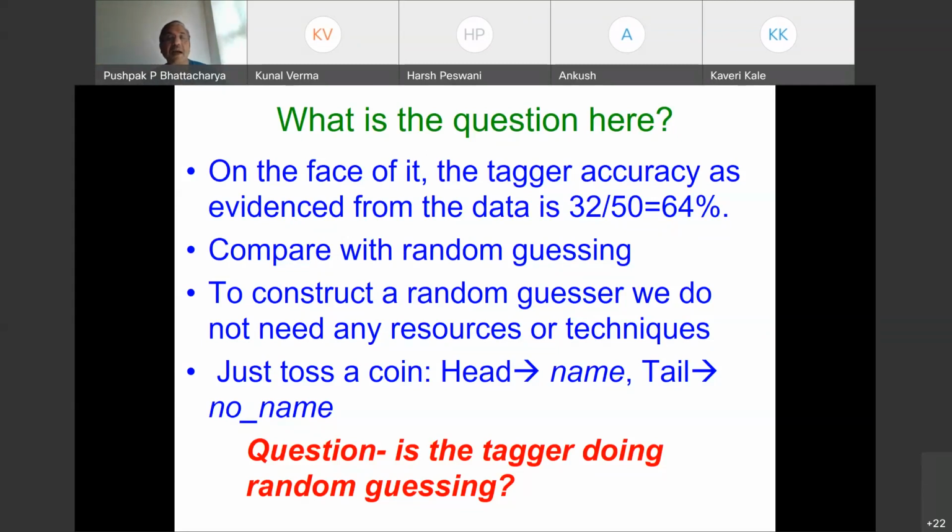What does it mean? Our baseline algorithm is an algorithm based on tossing of an unbiased coin. Okay, so we have two algorithms. Algorithm A, which is the algorithm behind this current named entity identifier, and an algorithm which is based on tossing of an unbiased coin.